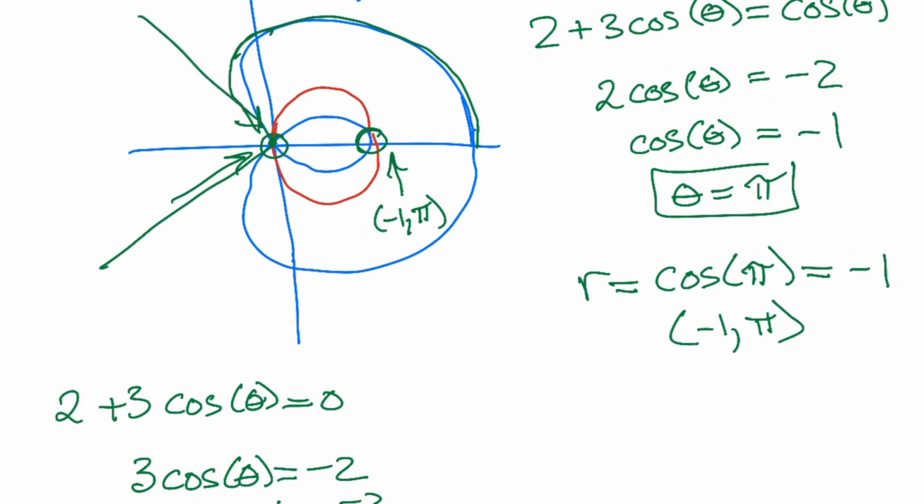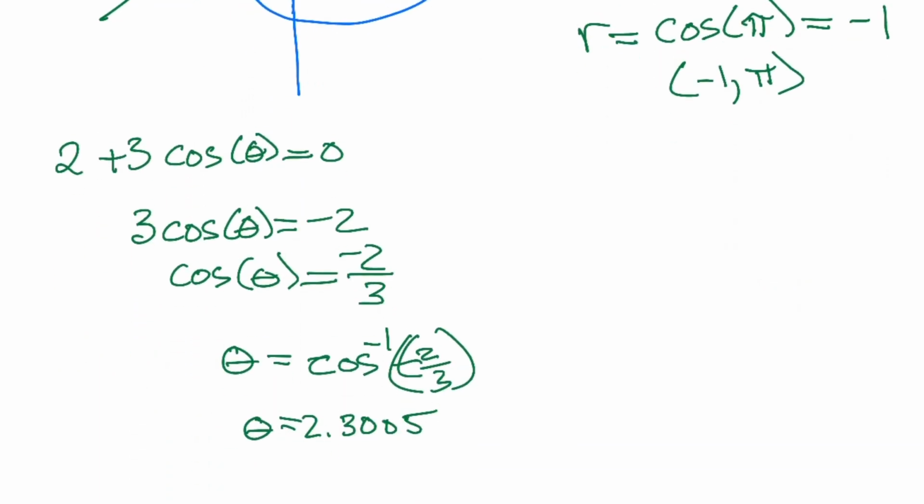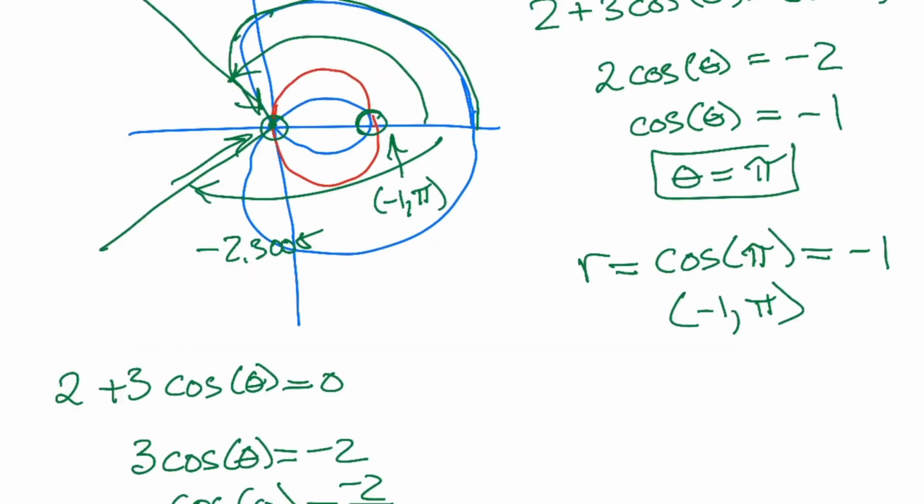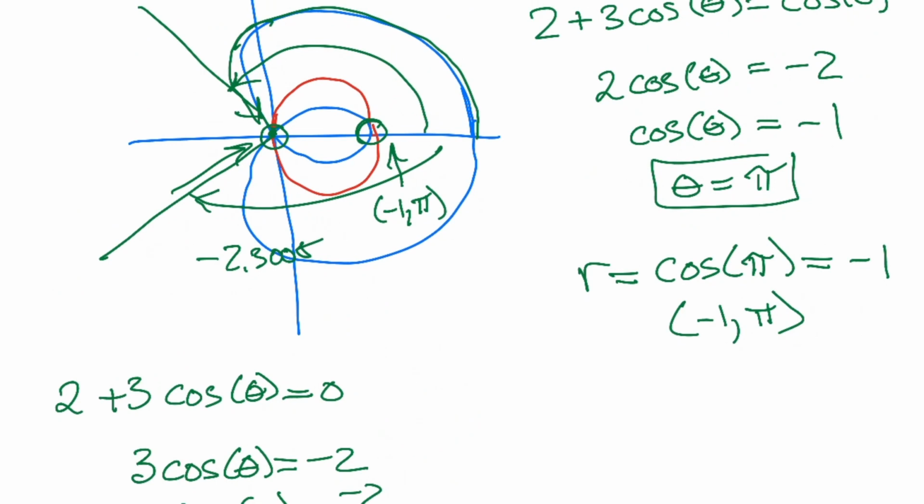You have this 2.3005 up here, but there's a mirror image down here. This would be negative 2.3005, but generally you don't want to have negative angles when you're computing areas and such. So I'll add 2 pi to that.